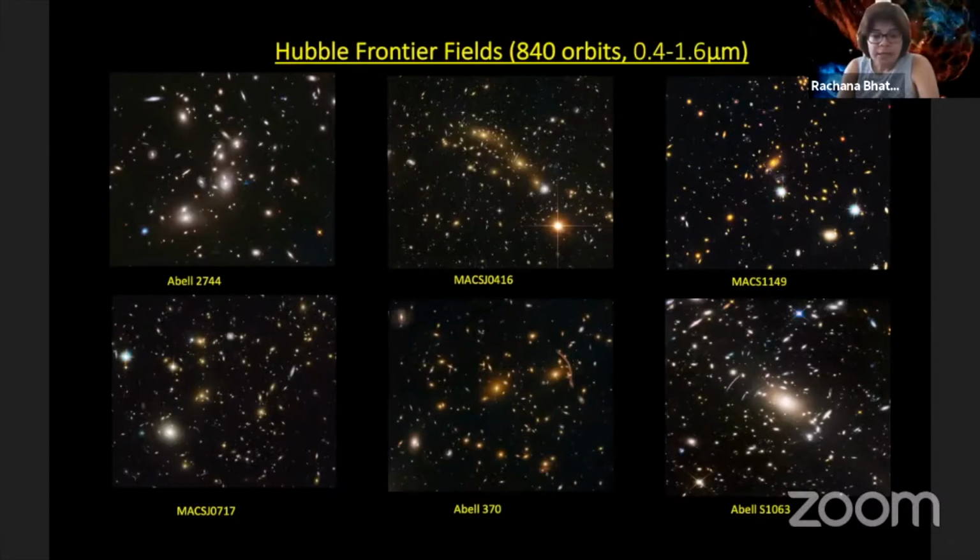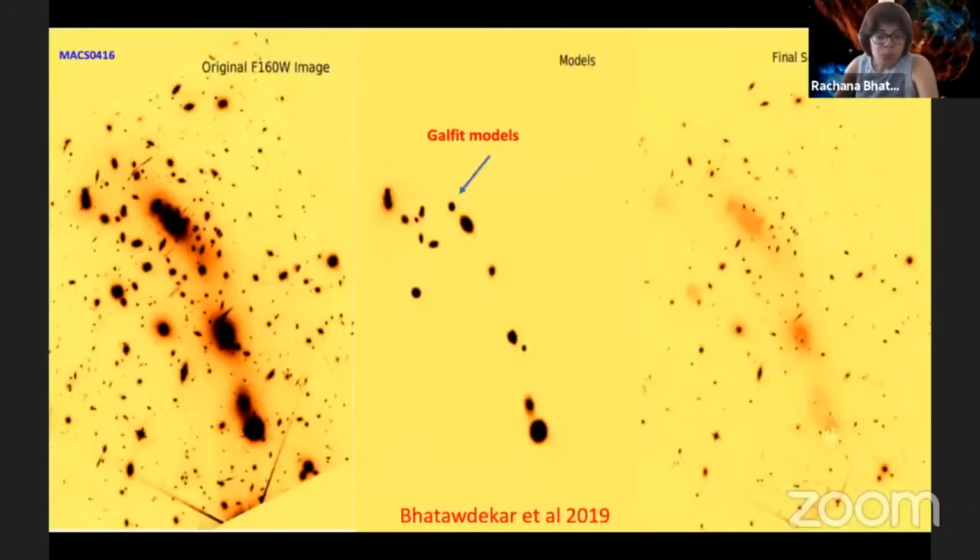But the problem with galaxy clusters, of course, is that these clusters are also home to massive and bright foreground galaxies, which actually makes it extremely hard to see the faint objects. And so to solve this problem, we developed a technique that accurately removes the most massive foreground galaxies from the critical lines of the clusters, because that's where the greatest magnification of distant objects occurs.